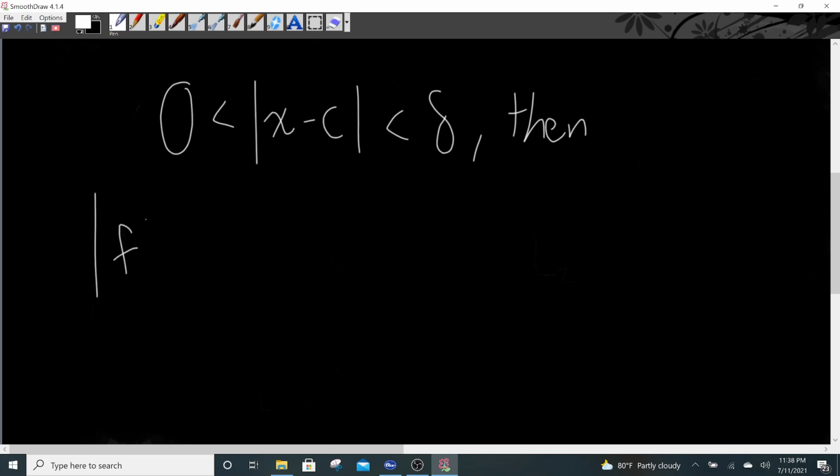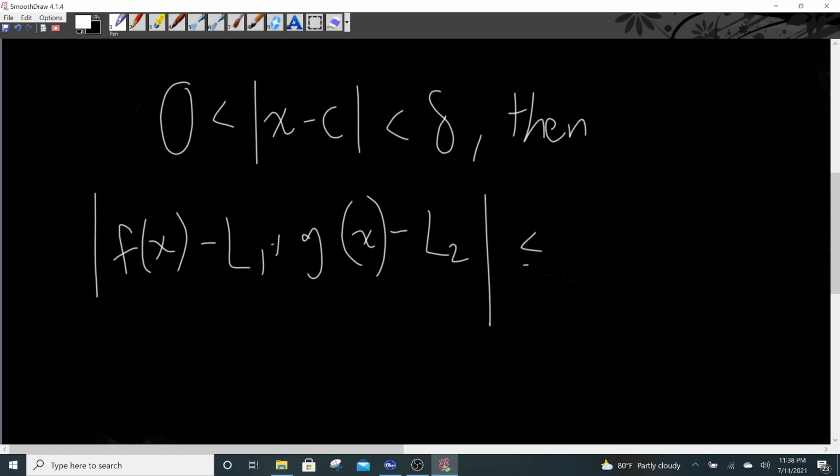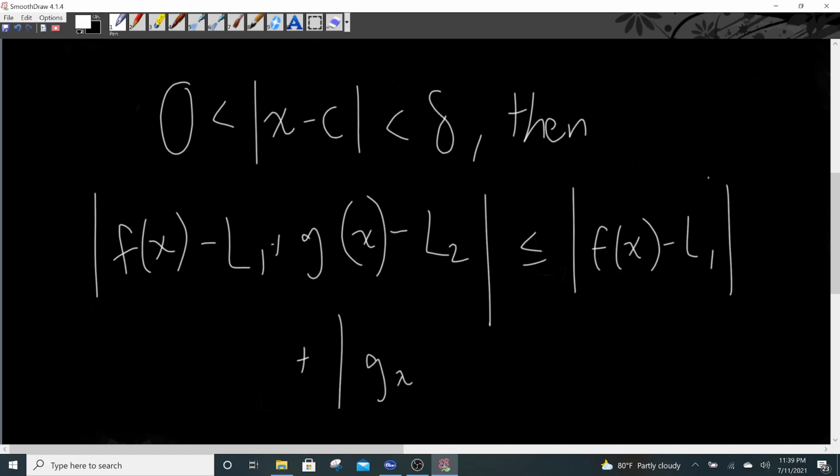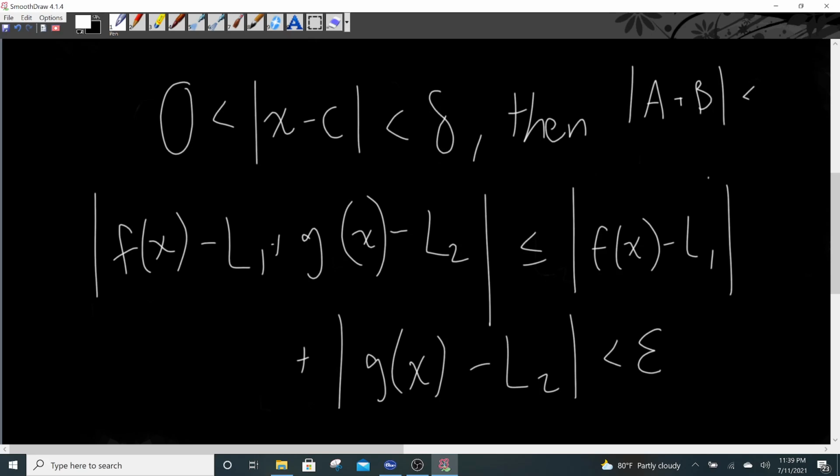Then the absolute value of f of x minus L1 plus g of x minus L2 is less than or equal to the absolute value of f of x minus L1 plus the absolute value of g of x minus L2, which is less than epsilon, because we're just combining this idea with our existing inequality.